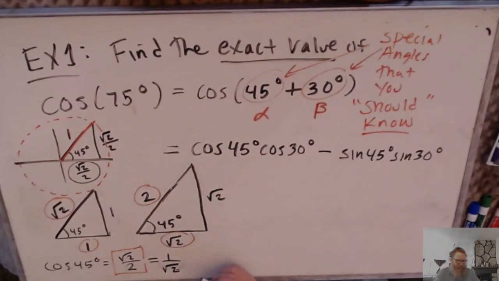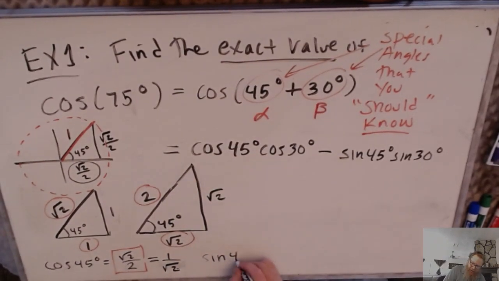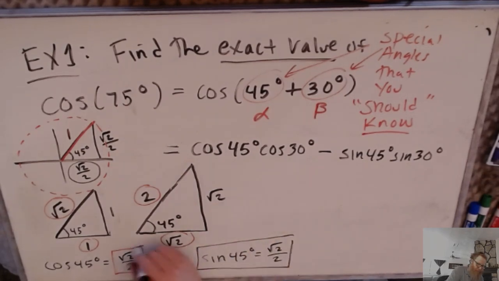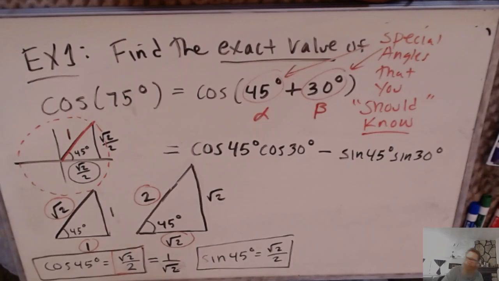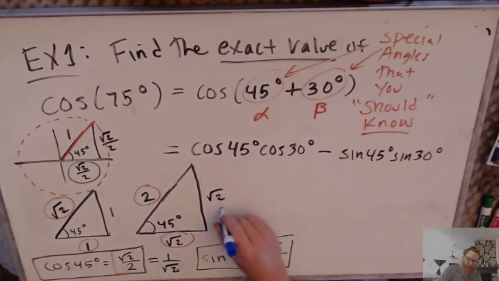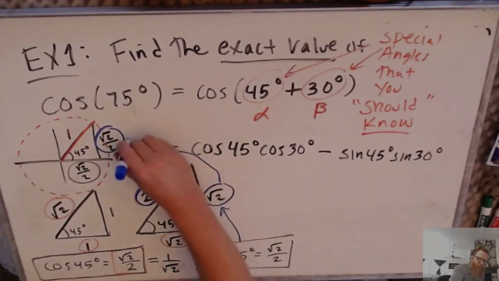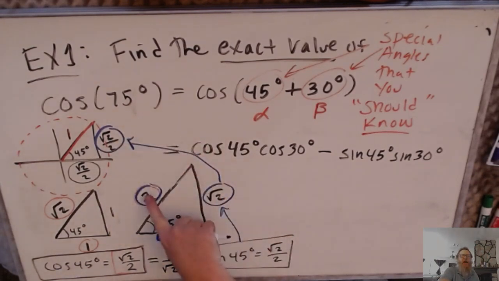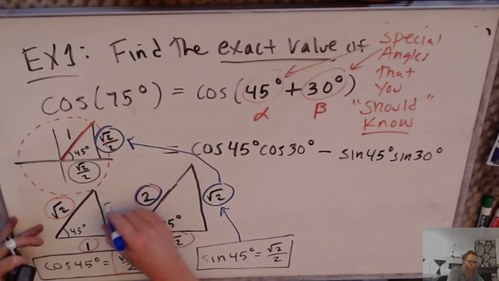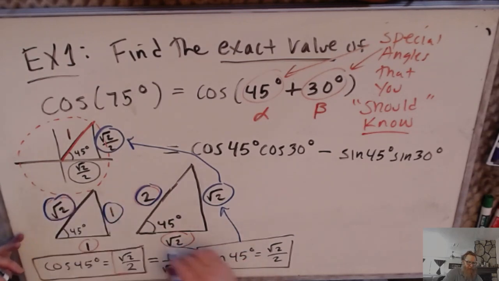Notice for 45 degrees, sine is also root 2 over 2. A sine would be this one. Yeah, root 2 divided by 2, or you could say 1 over root 2. That's also sine.